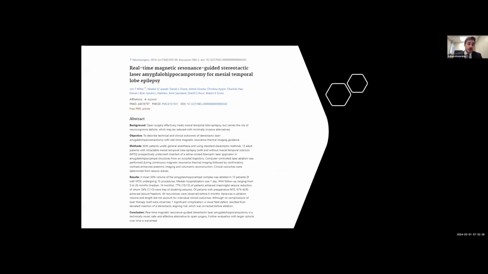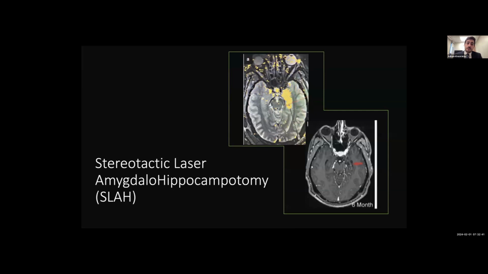As time goes by, the group at Emory started commenting on laser for mesial temporal lobe epilepsy in 2014. You can see here the laser for amygdalohippocampotomies, and the results have been increasing. I think our institution is also now one of the institutions that performs that.